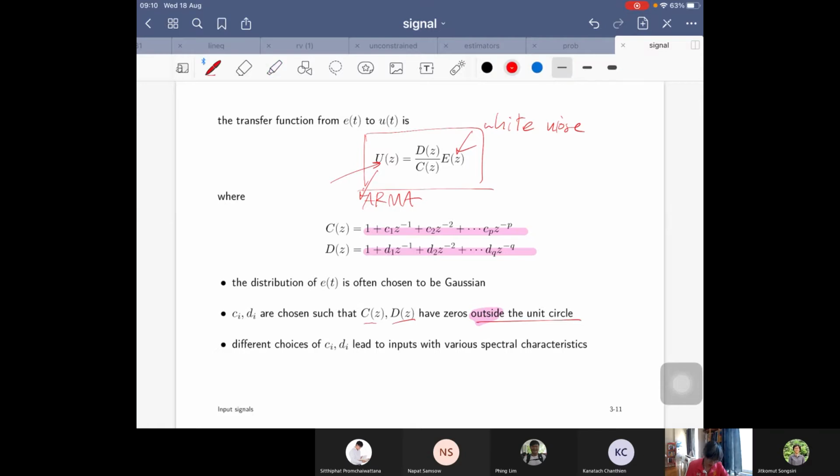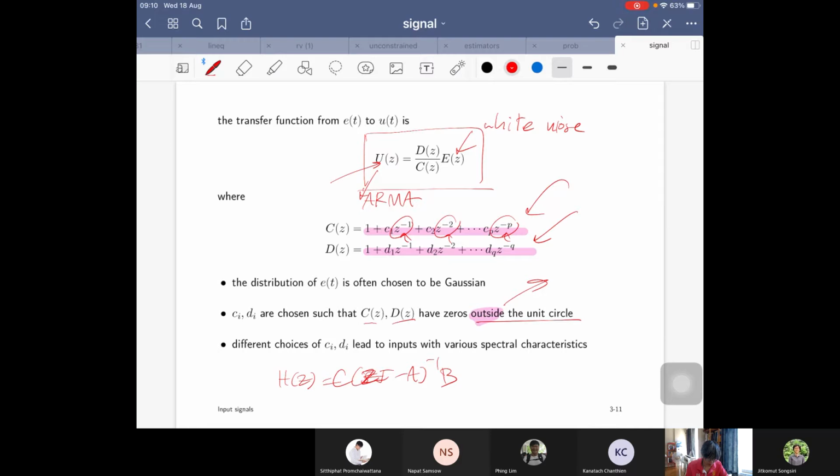It is opposite to our control system point of view, because in control systems, when we derive the transfer function, we use zI minus A inverse B. But the way we define the matrix polynomial, we define it with the lag operator, so the dummy variable is Z to the minus 1.